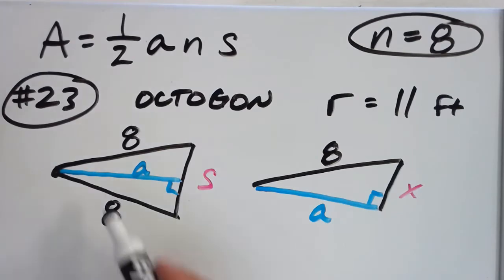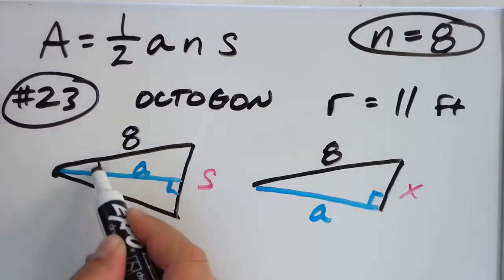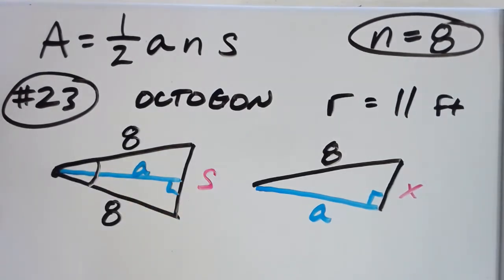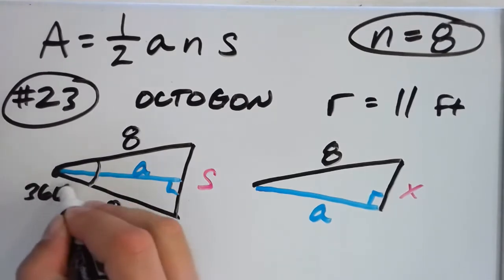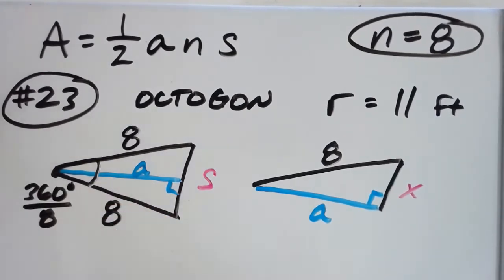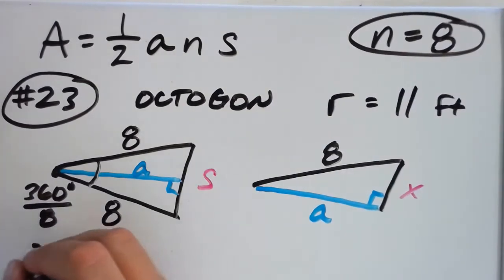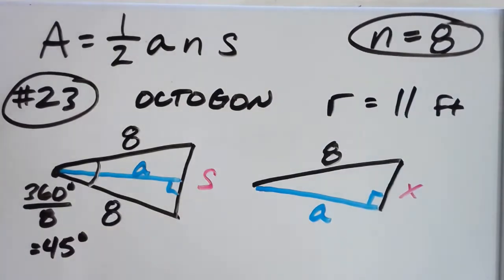All right, using the fact that this full angle is 360 degrees divided by the 8 sides of this octagon. Solving for that, 360 divided by 8 gives me 45 degrees. So in a regular octagon, there are 8 triangle slices. Each of those wedges would be 45 degrees.